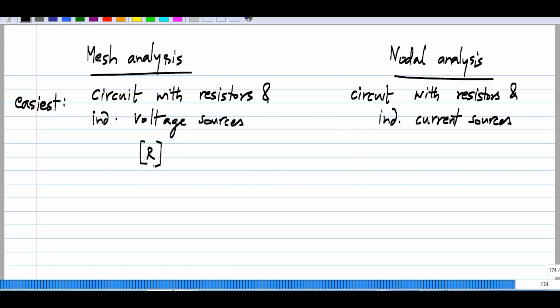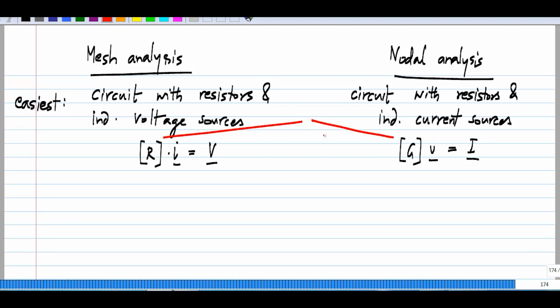We have the resistance matrix times the mesh current vector equal to the source vector consisting of independent voltage sources, and in case of nodal analysis we had the conductance matrix times the node voltage vector equaling the independent current source vector. And also these had similar structures.